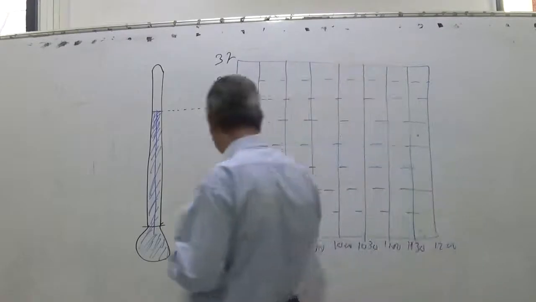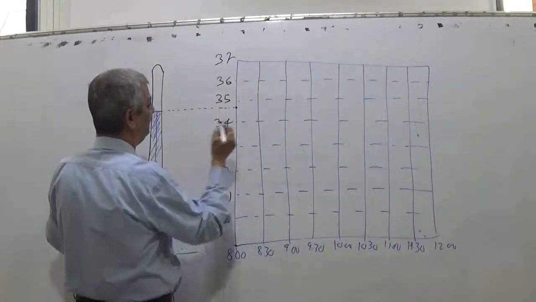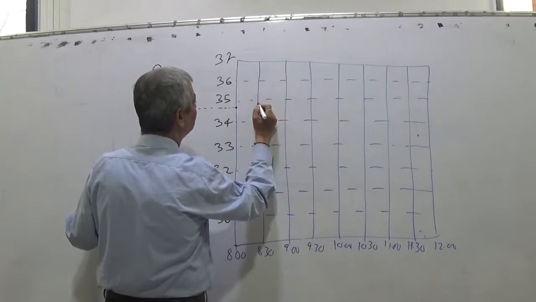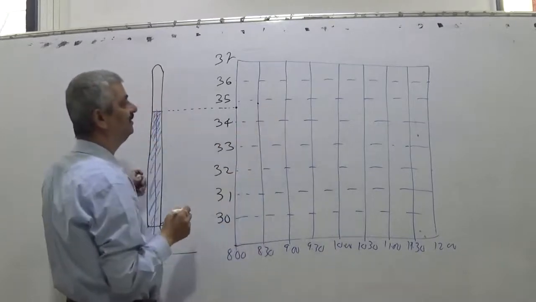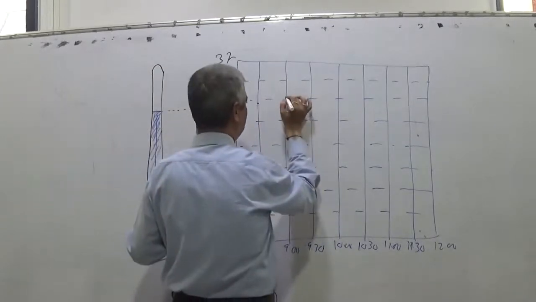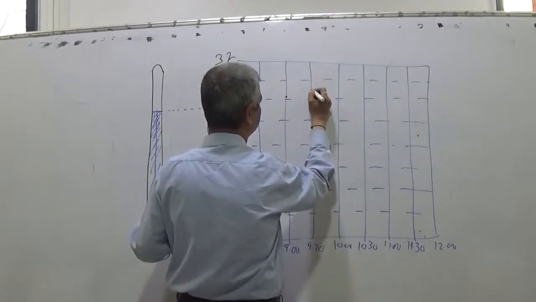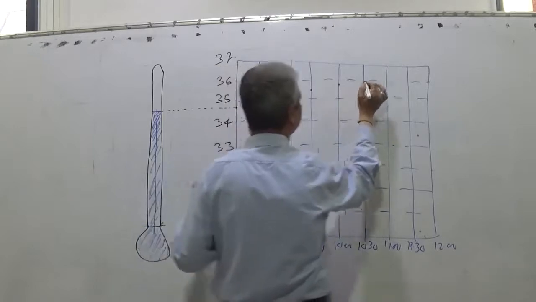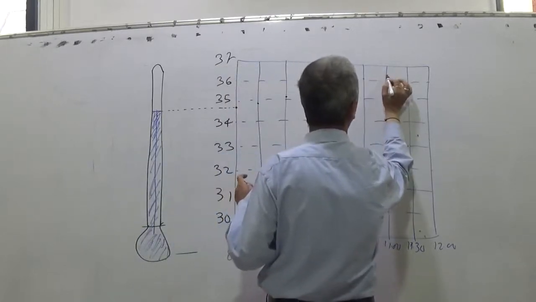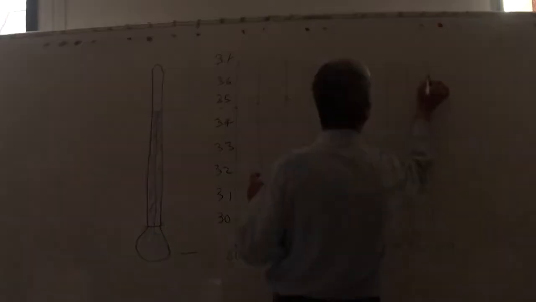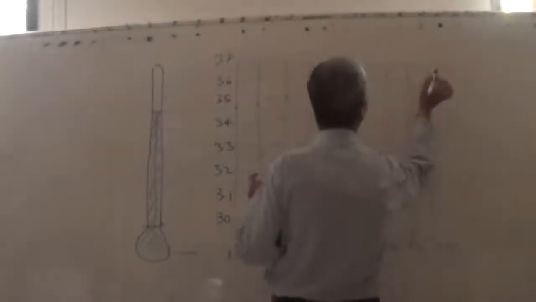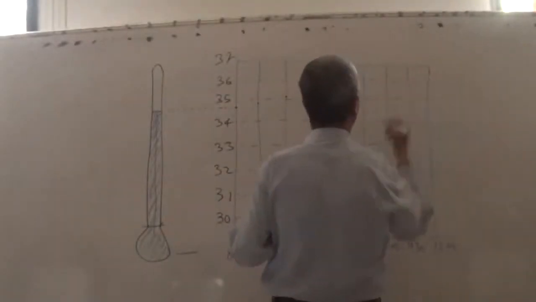Then at 8:30 you again take a reading, maybe it is here, so you have this point. At 9 maybe it is here, though I am not drawing to scale. These are the temperatures, so these are the points.